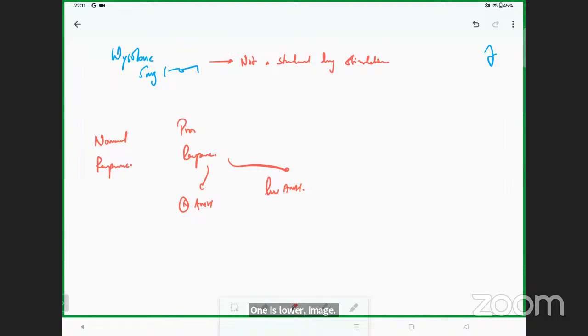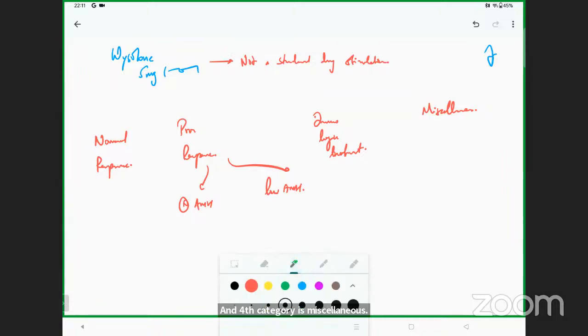Third category, immunological treatment. And fourth category is miscellaneous. Now, this miscellaneous is a very cute category. I'll come to that in a little while.